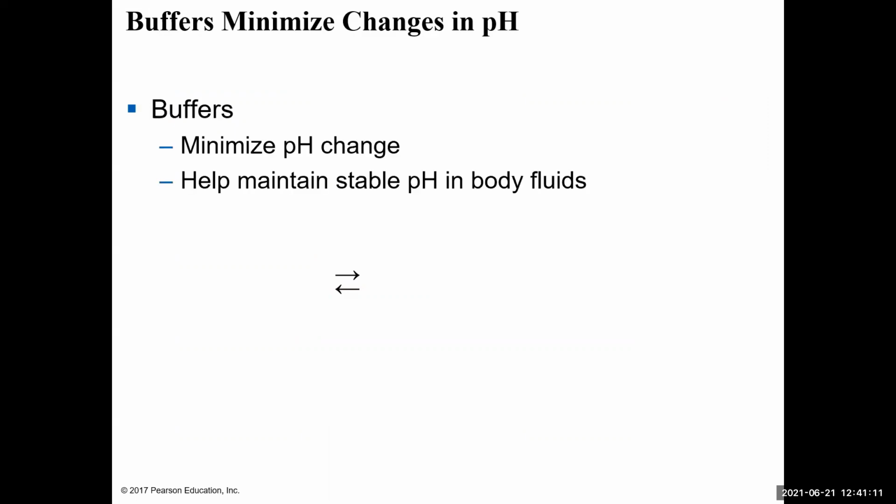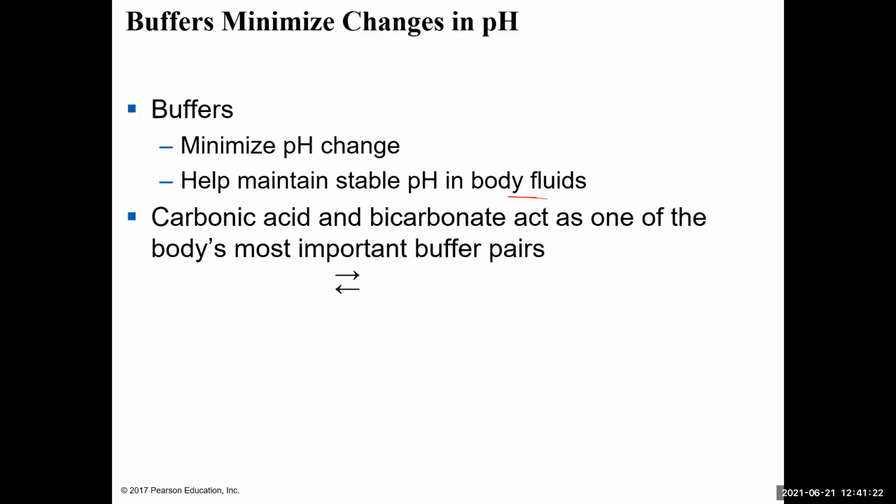Okay? Now our bodies can produce buffers that minimize the change in pH. Buffers help maintain a stable pH in our body fluids, because remember we said that enzymes need a stable pH to work properly. So our bodies can release either carbonic acid or bicarbonate to act as buffers, okay?